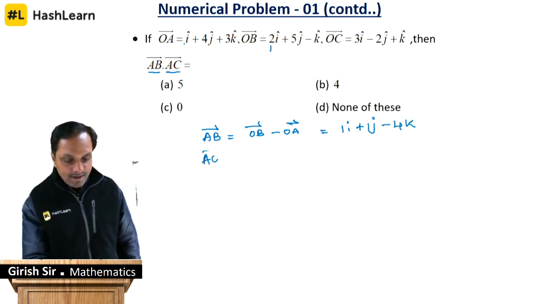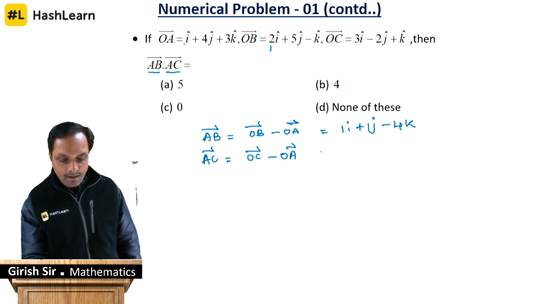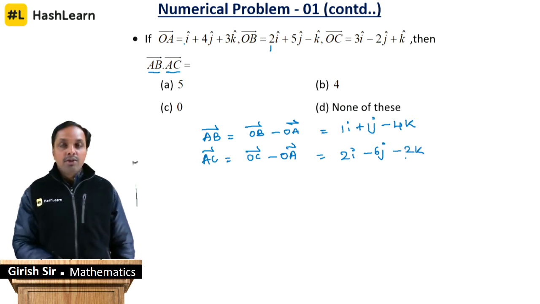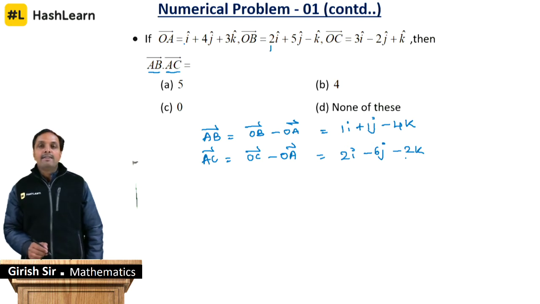Similarly, what is the AC vector? AC vector is OC minus OA. What will that give you? 3 minus 1 is 2i, minus 2 minus 4 is minus 6j, 1 minus 3 is minus 2k. So you got the AB vector and AC vector.